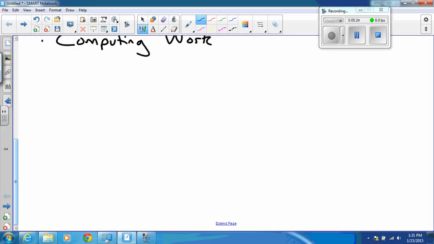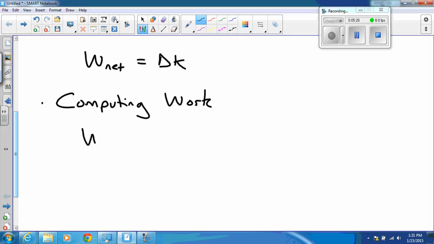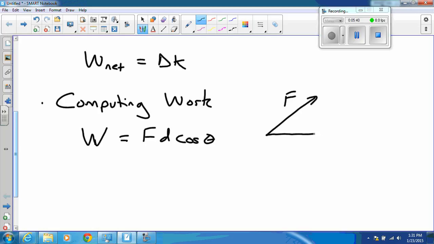And so let's start with our basic formula. Work equals force times distance times the cosine of the angle between. And this formula right here is useful when my force is a constant value, a constant number.